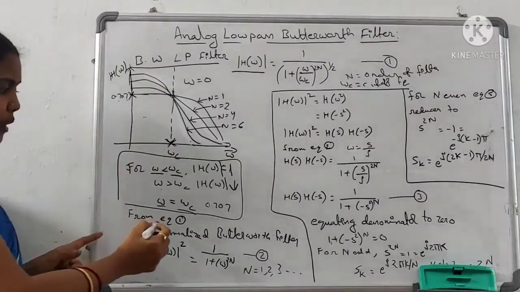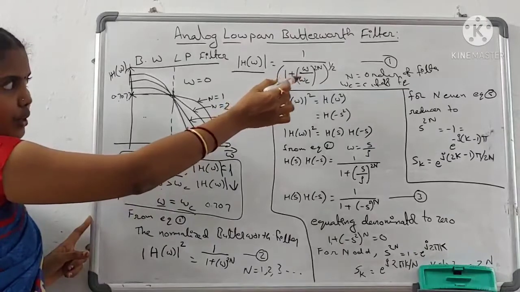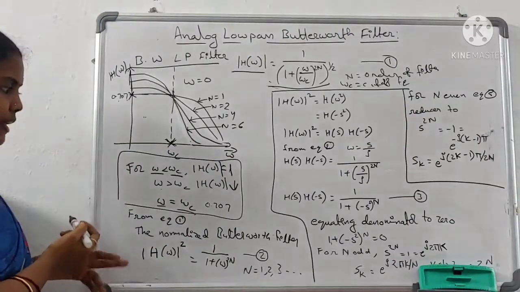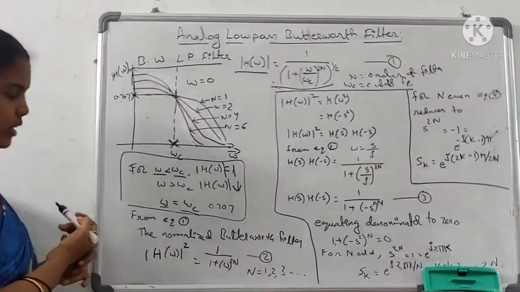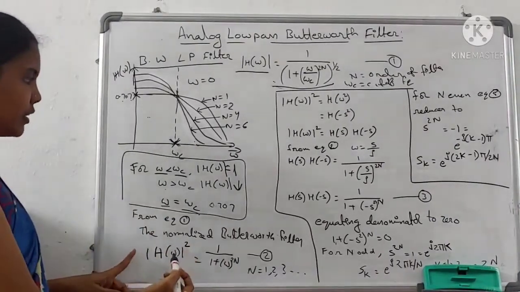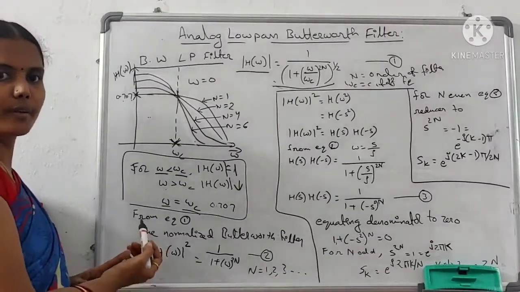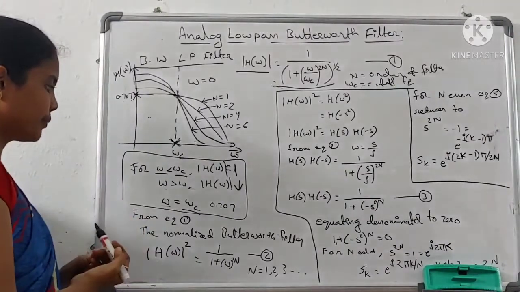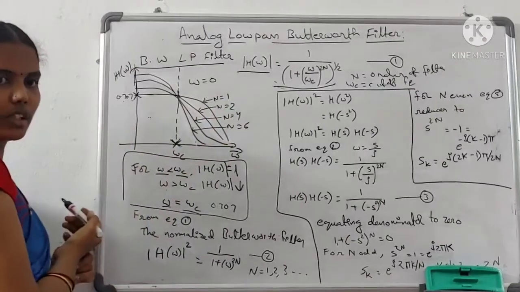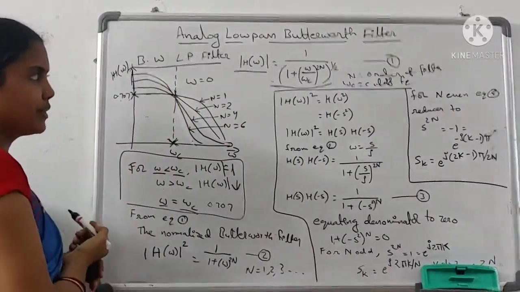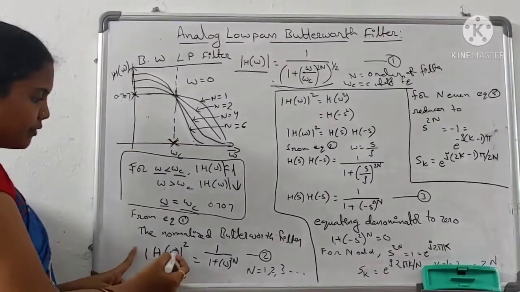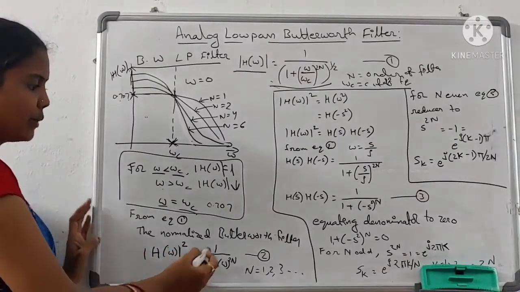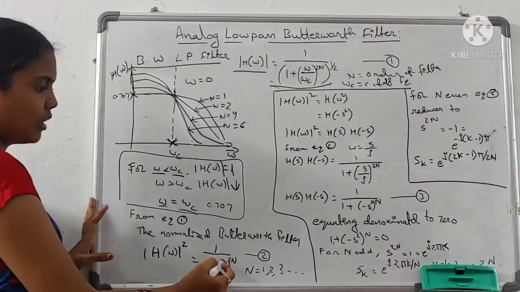Okay, now by considering this equation as equation 1, the normalized Butterworth filter at omega c, if you take omega c is equal to 1, then mod H of omega whole square is equal to 1 by 1 plus omega whole power 2n.